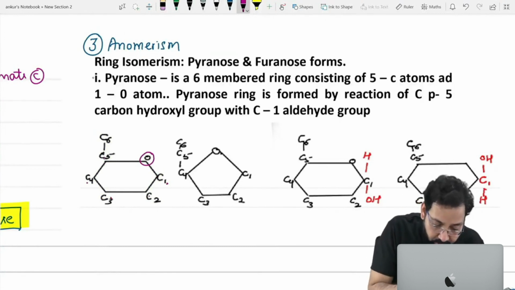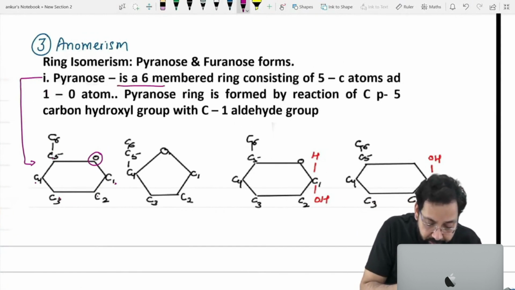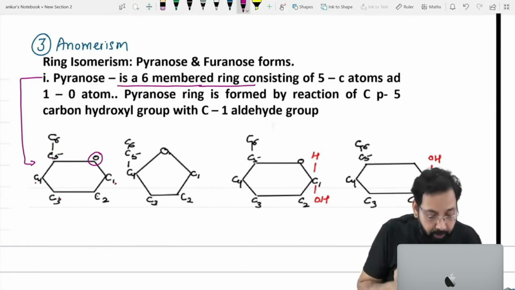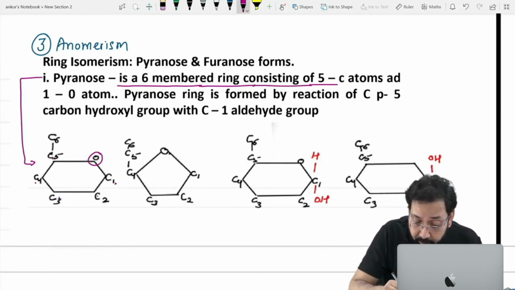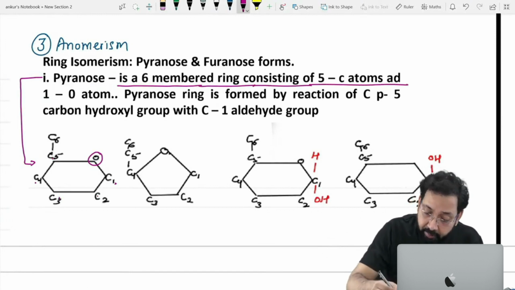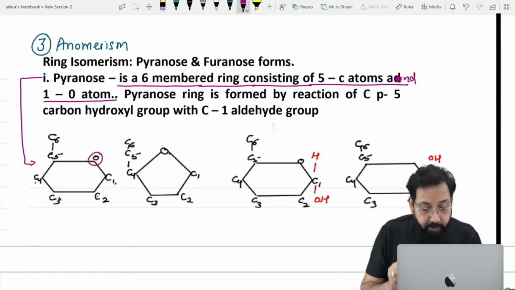That is a pyranose ring. Pyranose ring is a 6-membered ring. How many atoms are there? 6 atoms, consisting of 5 carbon atoms and 1 oxygen atom.